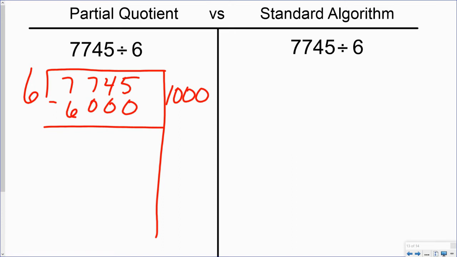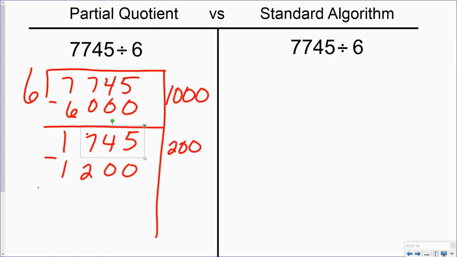I subtract, so I have 1,745 left, and 6 can go into there about 200 times, and that would give me 1,200. Subtract, it gives me 545 left.